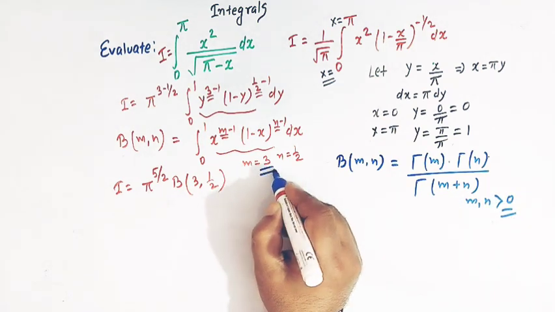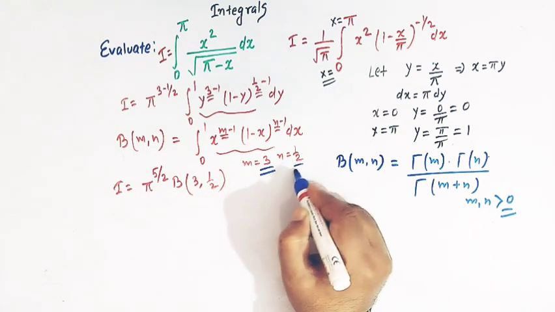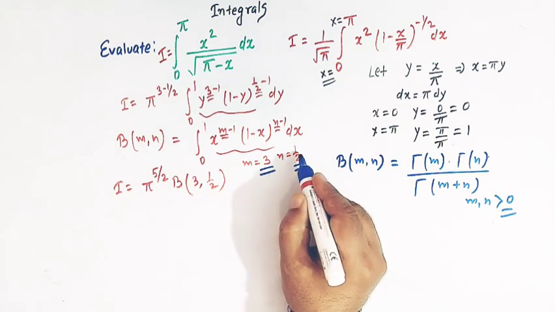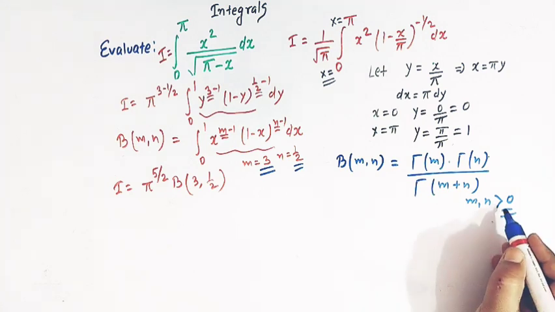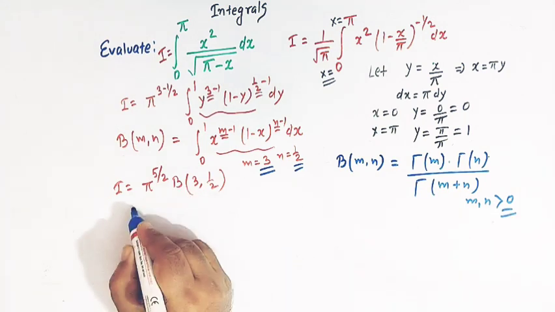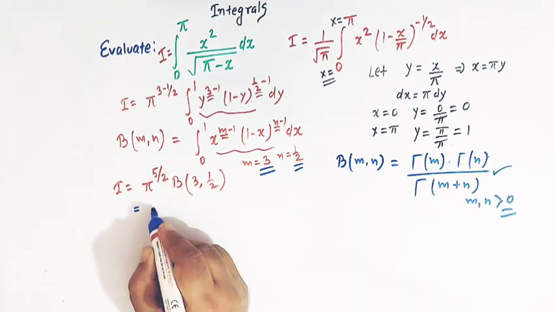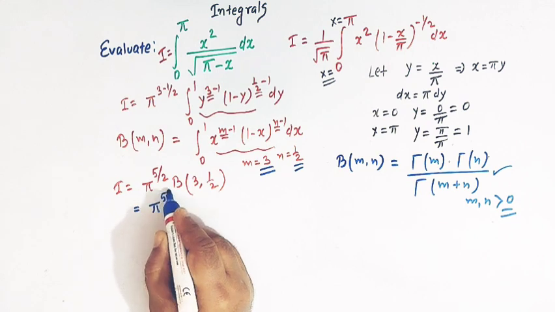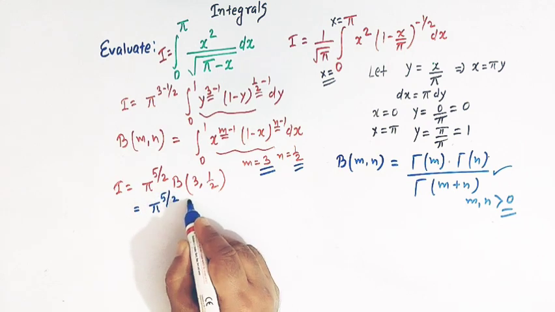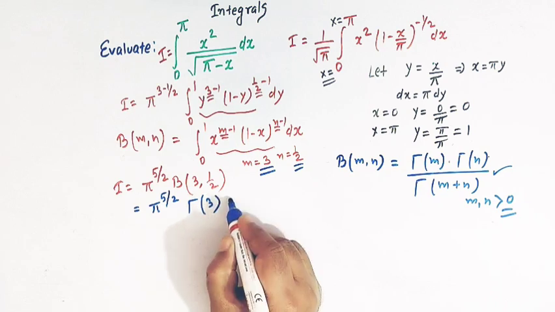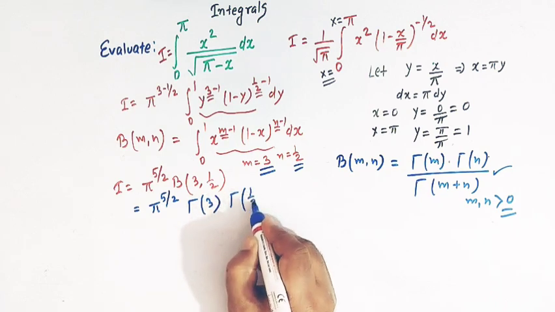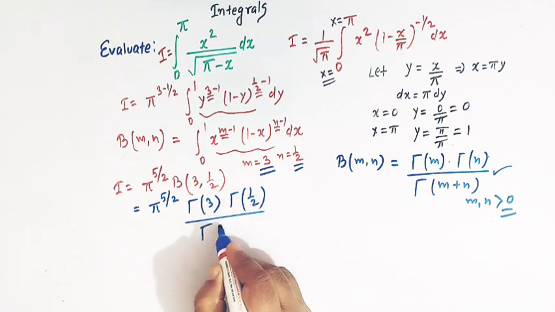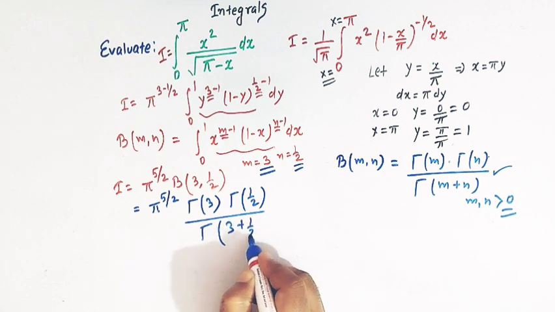So here m is equal to 3, n is equal to half, and 3 and half are both greater than 0, right? So due to this relation, we have pi raised to 5 by 2, and here we have gamma of 3, then gamma of half, then gamma of 3 plus half, right?